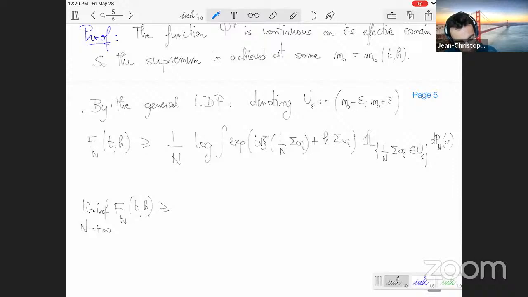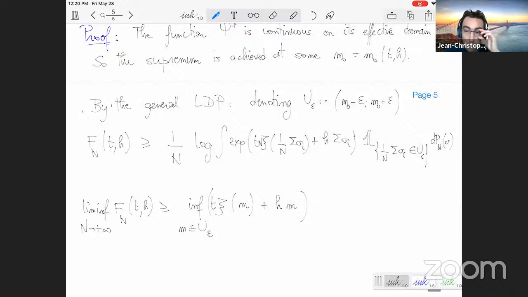Okay, so I want a lower bound. So the worst that can happen is that these quantities look like the inf over U epsilon. Sorry, there's a t. And then I'm left with the large deviation part.